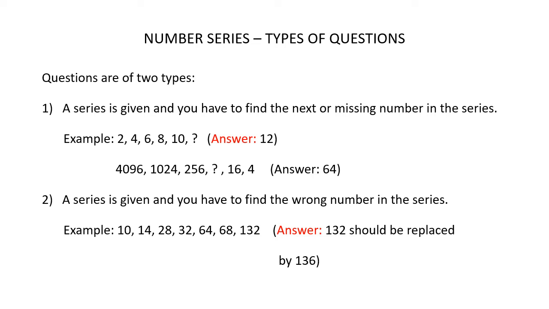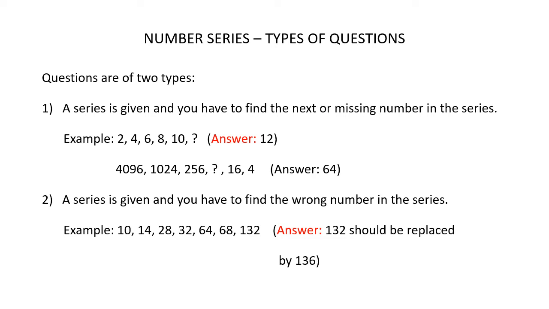Now let's understand the types of questions that appear in competitive exams under the topic number series. Questions on number series in competitive exams are basically of two types: the missing number series or the wrong number series. In the missing number series, a series is given and you have to find the next or missing number in the series.